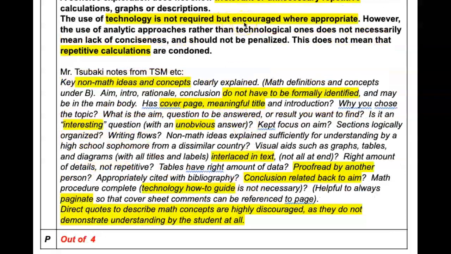Technology. So you have to be thinking about, okay, what is my objective here? What is the main math process I want to show? If you don't have a lot of math processes, probably you want to make sure that you have one math process done using an analytic non-calculator method, explaining everything, to make that the centerpiece of your IA.